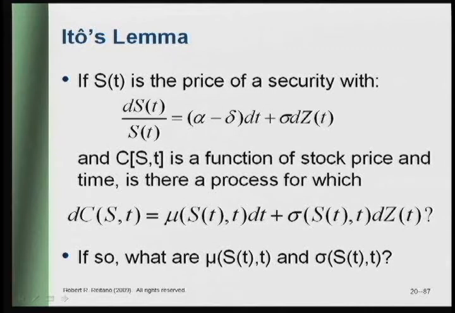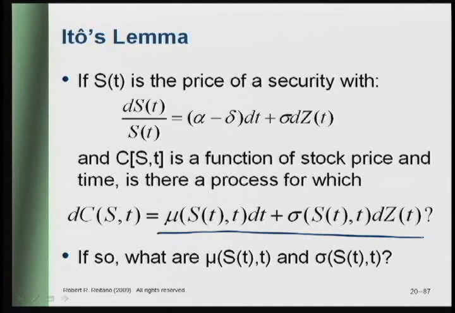What Ito's lemma does is to answer the following question. Is there a stochastic process that the price of an option obeys? And here I wrote it notationally as some very general drift coefficient mu, which might be a function of stock prices and time, some very general volatility function sigma, which again might be a function of stock prices and time.